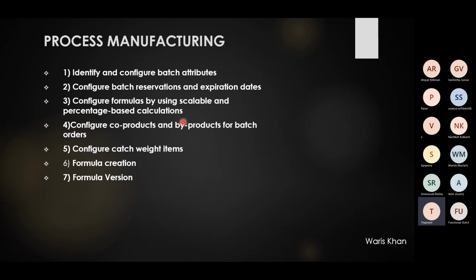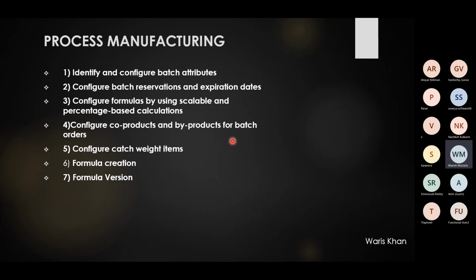Got it. So wherever there is a co-product or byproduct, that is process manufacturing. Yes. In process manufacturing there can also be a scenario of make to order and make to stock, right? Correct.